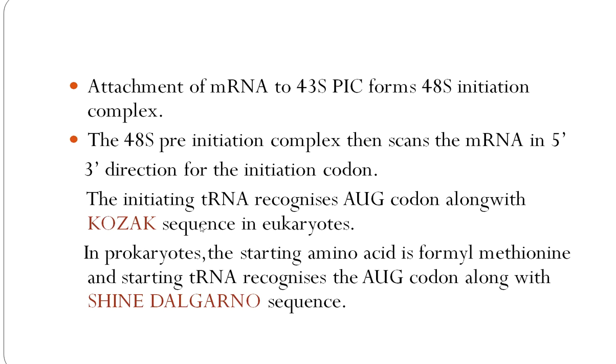So we can see the initiating tRNA recognizes the AUG codon along with the Kozak sequence in eukaryotes. In prokaryotes, the starting amino acid is formylmethionine and the starting tRNA recognizes the AUG codon along with the Shine-Dalgarno sequence. So, the difference in sequences is the Kozak sequence in eukaryotes and the Shine-Dalgarno sequence in prokaryotes.